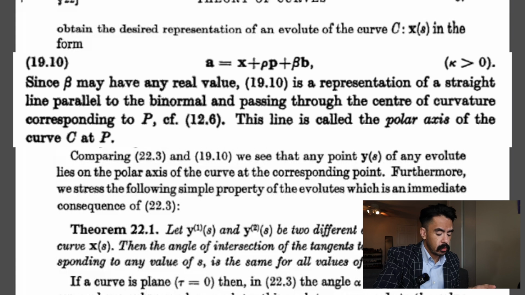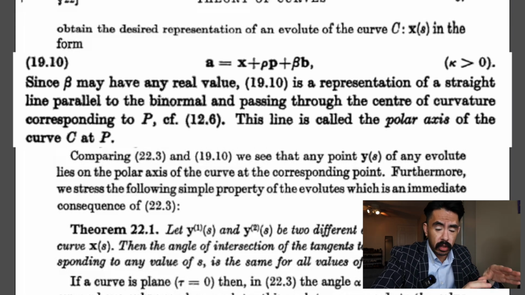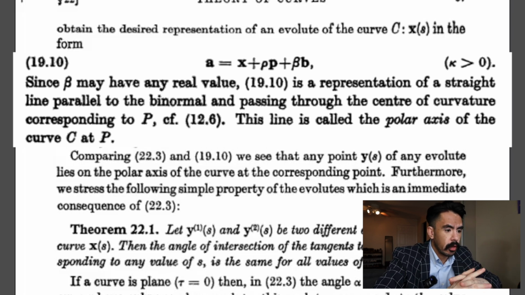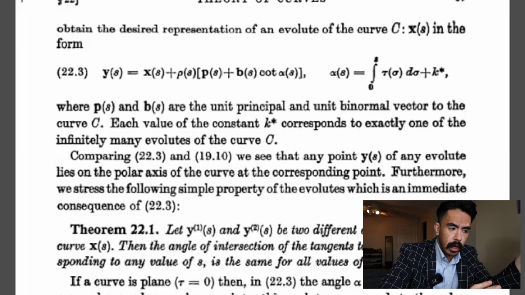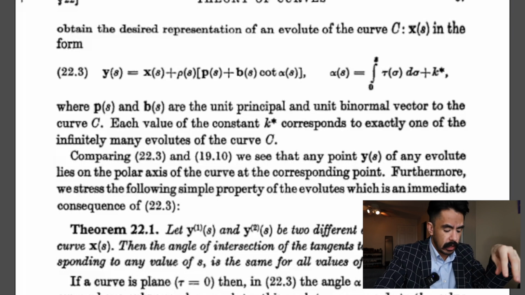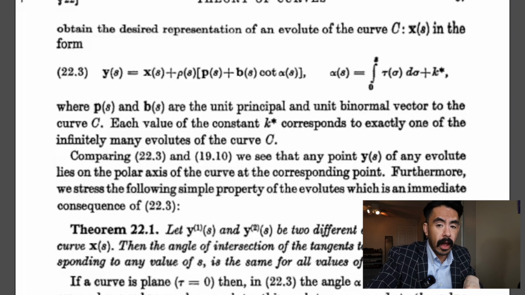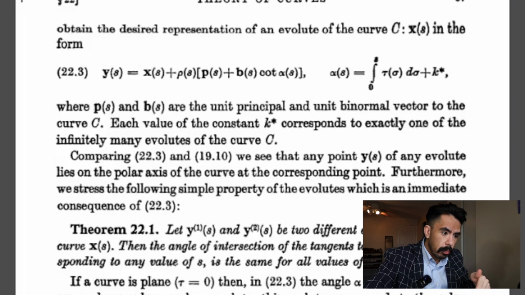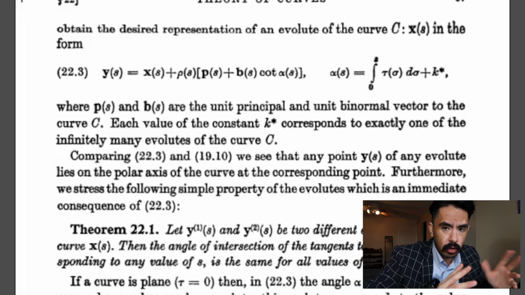This vector A gives a representation of what's called the polar axis of the curve C at the point P that you're defining these tangents about, and it also passes through the center of the osculating sphere about that same point on the curve. So comparing the equation we just obtained for the evolutes and this equation for the polar axis of the curve at the point, we see that any point y of s of any evolute lies on this polar axis of the curve at the corresponding point.